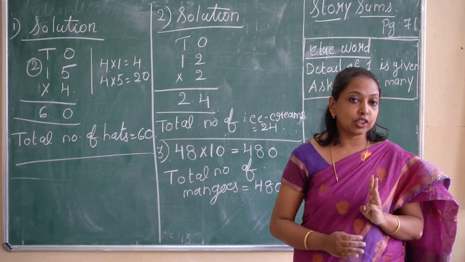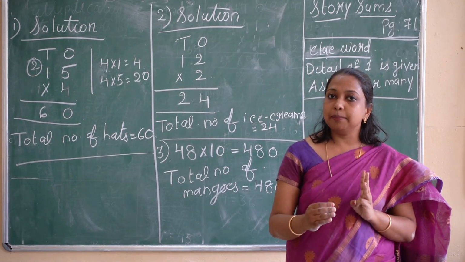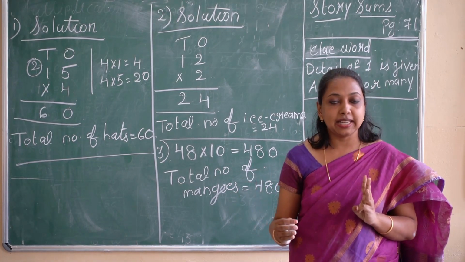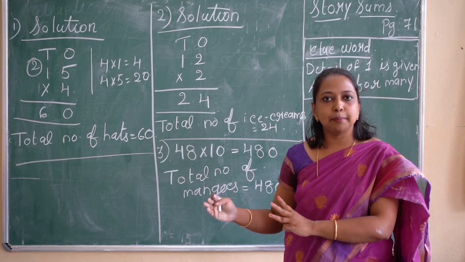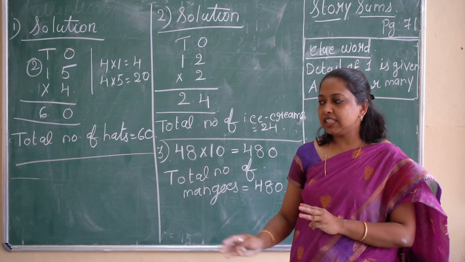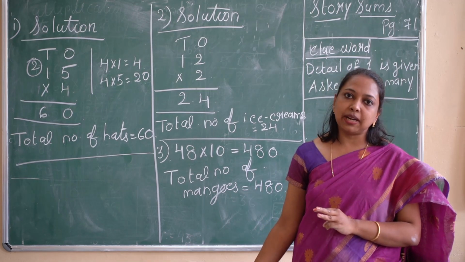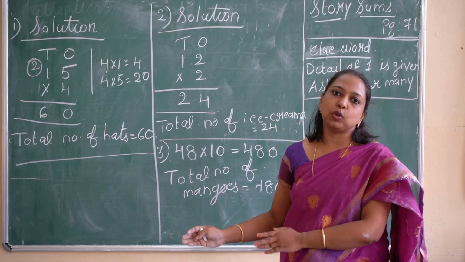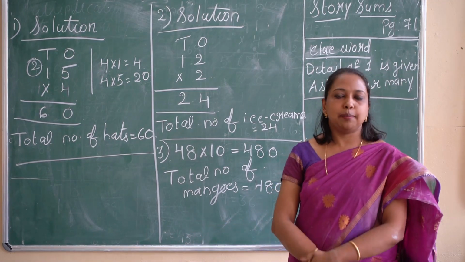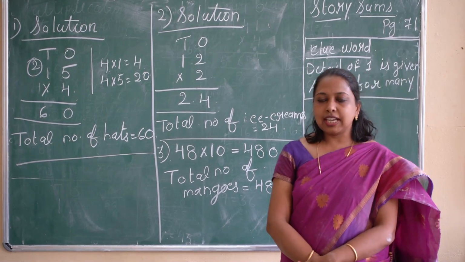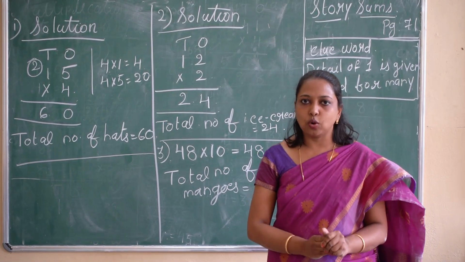And the third fact you have learned, multiplying any number by 10: just write the number and write 0 to the right of that number. Just now we did 48 multiplied by 10, you write 48 and put 0 to the right of that number. 480 we got. Okay children, the explanation part of multiplication is over.